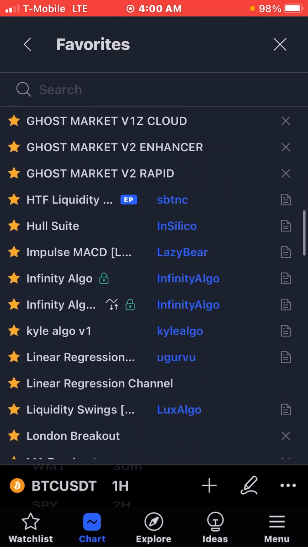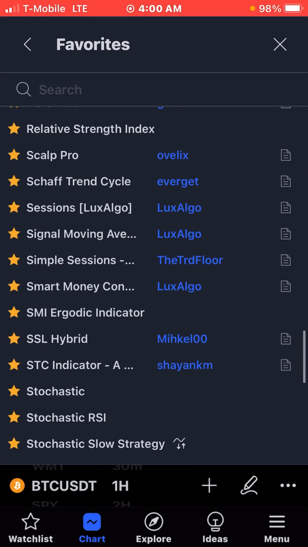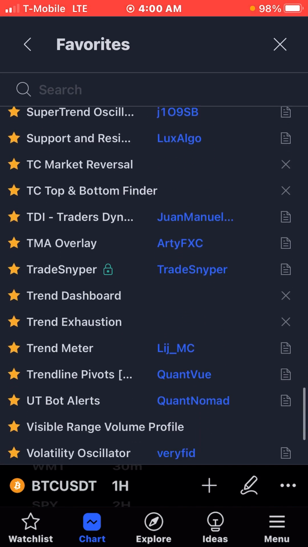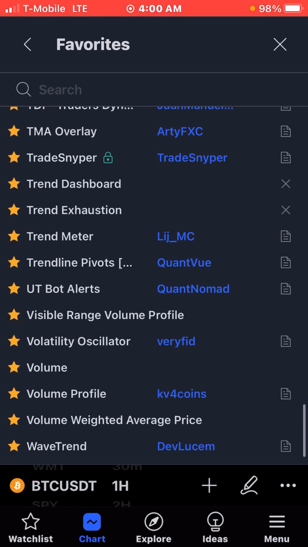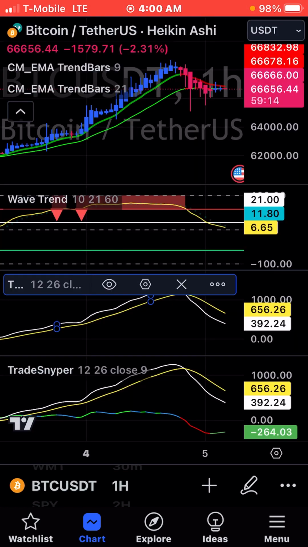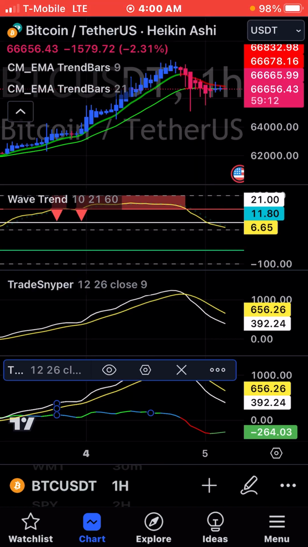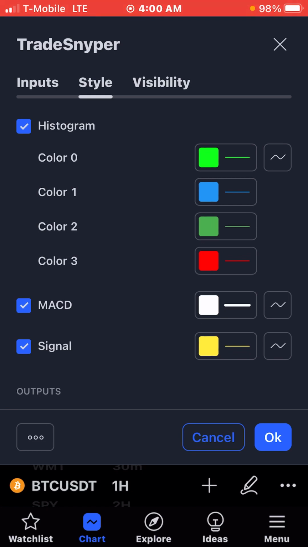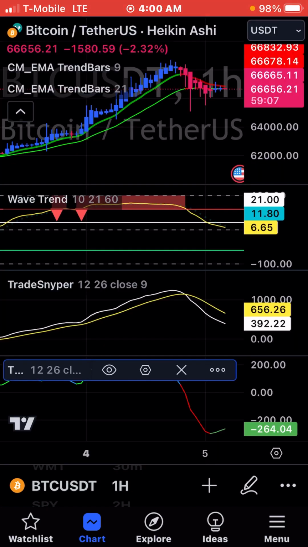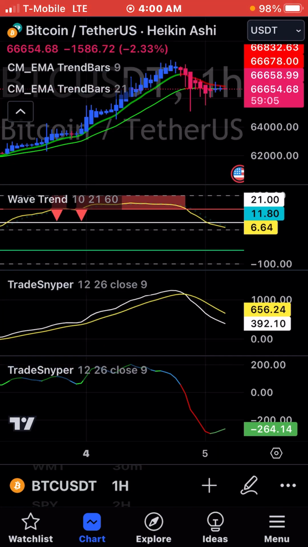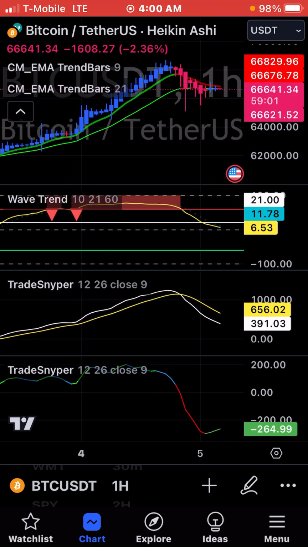Go to Trade Sniper. And in this one, I'll have the MACD and the signal turned off. So we have the Trade Sniper, but I like separating them because it gets too cluttery if it's all on screen.